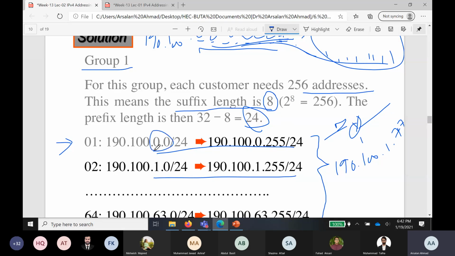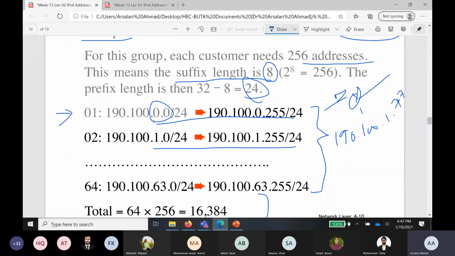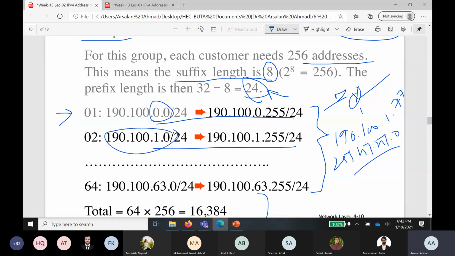If you are thinking like that, then that's not the case. So if this is the address, and if we perform the logical AND with this subnet mask, 255.255.255.0, you will get 190.100.1.0, which is this. Okay, you will always get the correct answer. Have I answered your question, Jawad? And have everyone else understood Jawad's question?